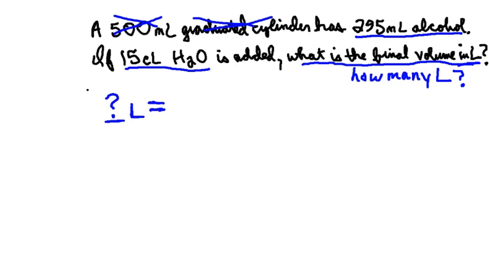It's going to equal this 15 centiliters of water and this 295 milliliters of alcohol mixed together. So this question mark liters is going to equal the 15 centiliters plus 295 milliliters.